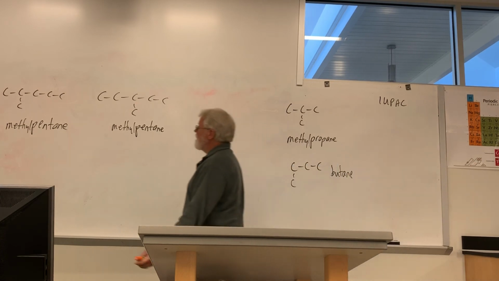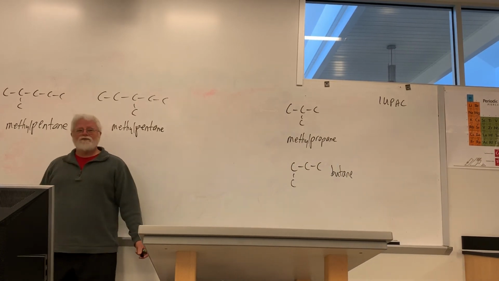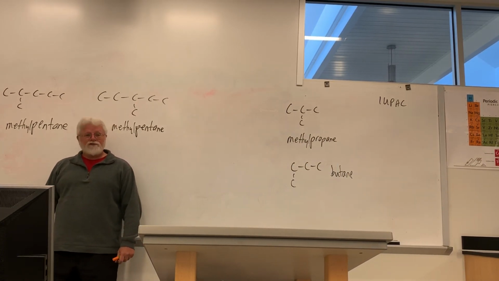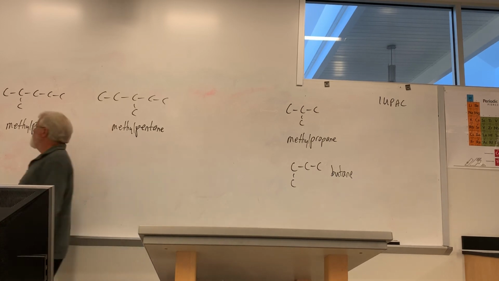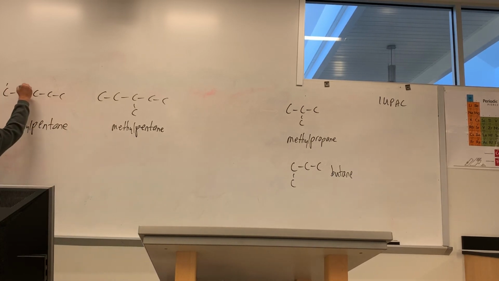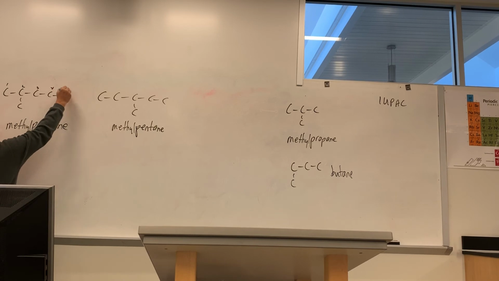As Jonathan indicated, what IUPAC says we do is we number the parent chain. So here's carbon 1, carbon 2, carbon 3, carbon 4, carbon 5. In this one, the methyl group is on carbon 2, so we call this 2-methylpentane. In IUPAC nomenclature, there's always a dash between a number and a letter.